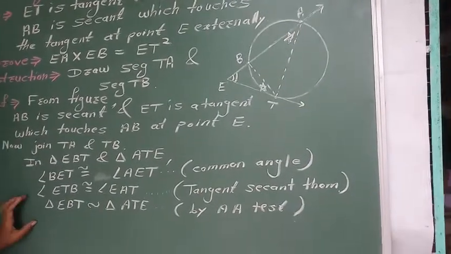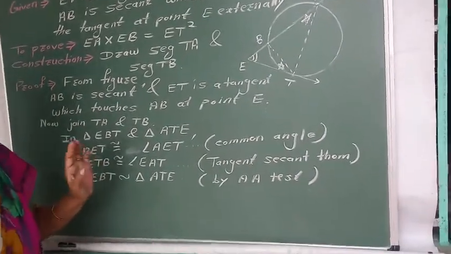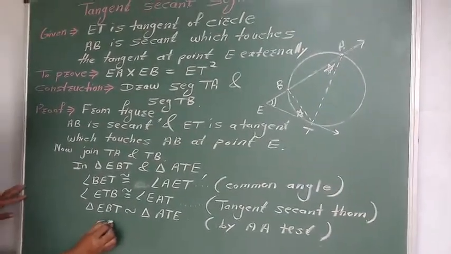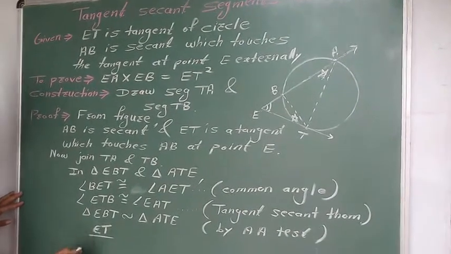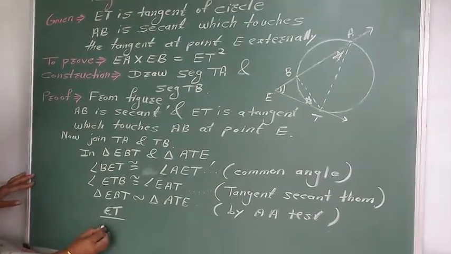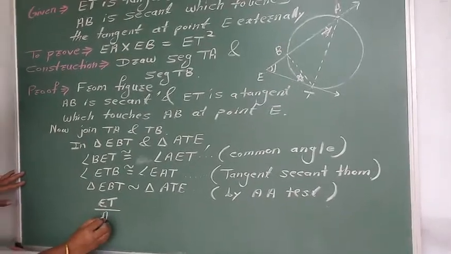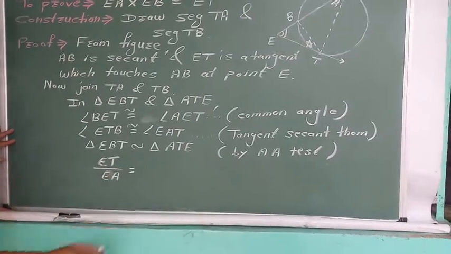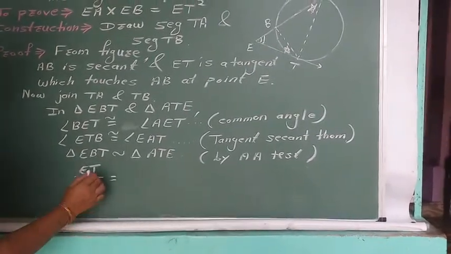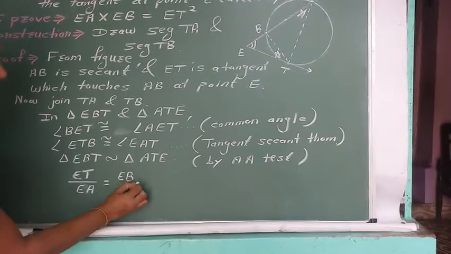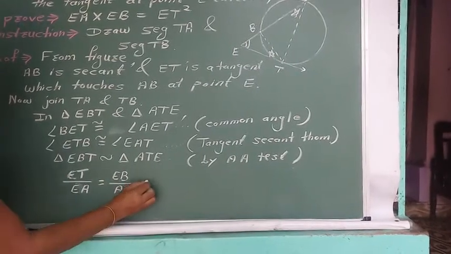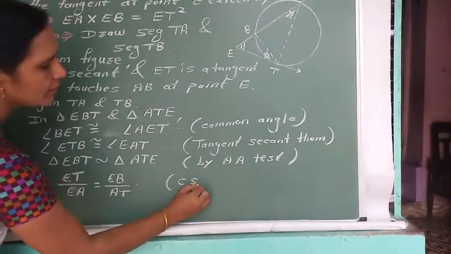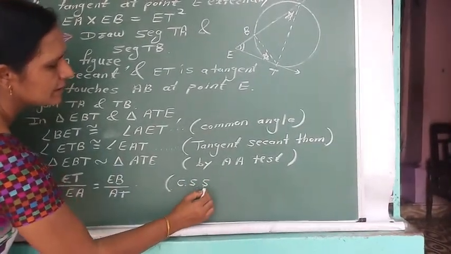If two triangles are similar, then their sides are proportional. So we write ET upon AE is equal to EB upon AT. Reason: corresponding sides of similar triangles.